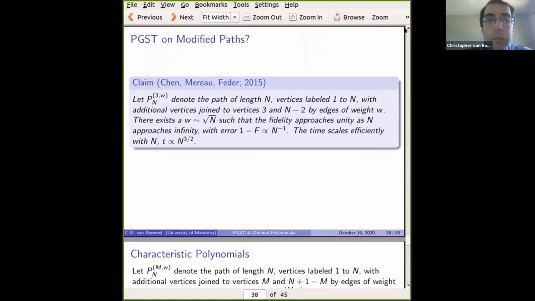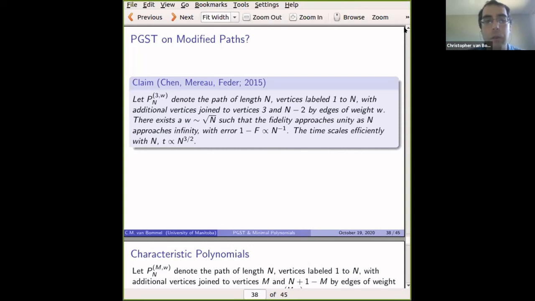Just want to wrap up briefly with another side of the question I've been considering, and that's pretty good state transfer on modified paths. Chen, Moreau, and Feder investigated this idea of taking a path and adding new vertices to the third vertex and third from last vertex and weighting those new edges.